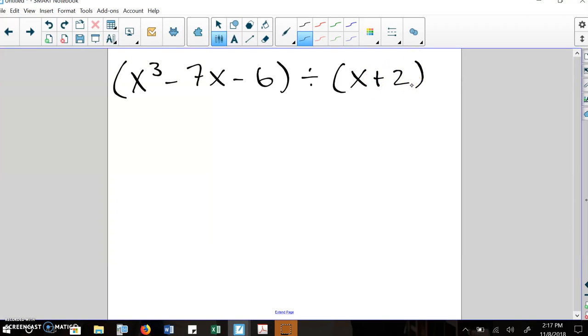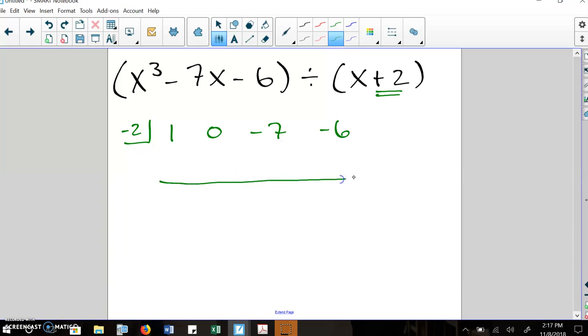Just like the last problem, this is an x plus 2, so we're going to put a -2 in the box. And then across the top, we're filling in the coefficients. Notice once again, this skips x squared. So we're going to go 1x cubed, 0x squared, -7x, and a -6. Put our box for the remainder here at the end.